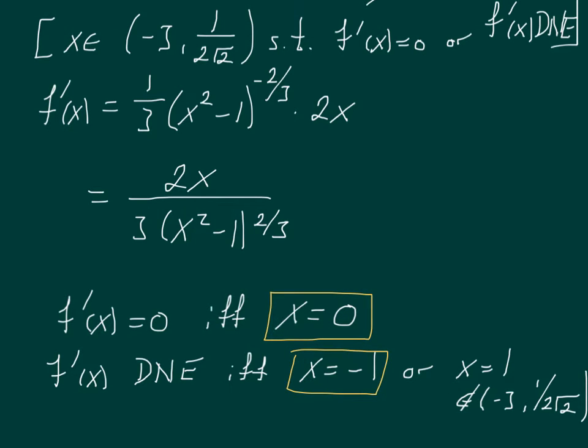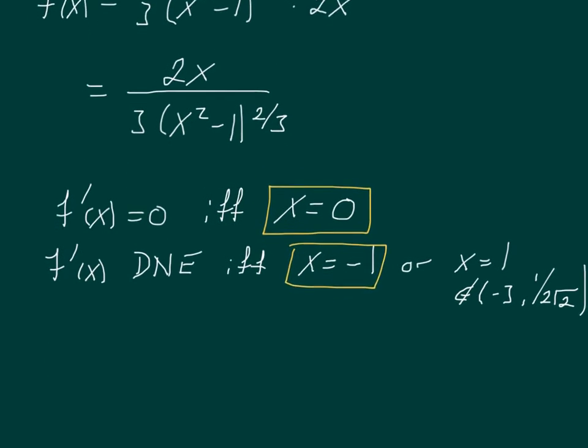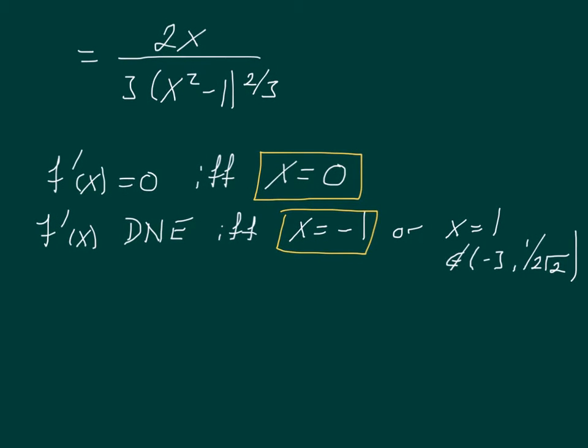Those are the critical numbers in this interval, so let's write that down: x equal to 0 and x equal to minus 1 are the critical numbers that we were looking for.